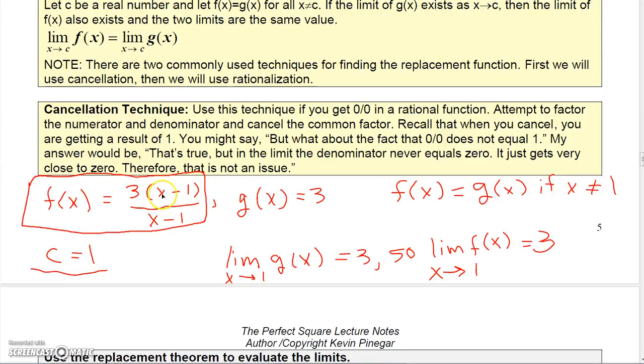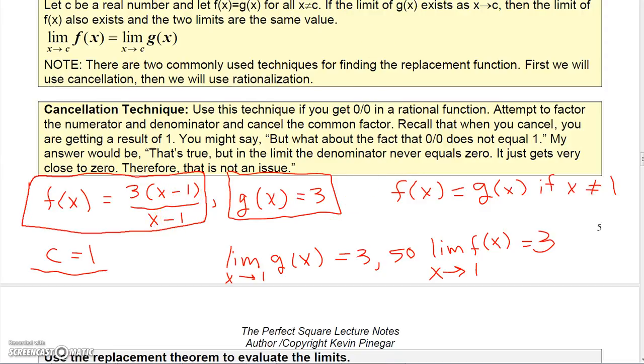Actually, you can see here that if you canceled x minus 1 over x minus 1, you would get this function, we'll call it g of x, equals 3. But you can't say that f of x and g of x are equal everywhere. They are only equal if x does not equal 1, because remember, if x equals 1, this would give you 0 over 0, which is undefined.